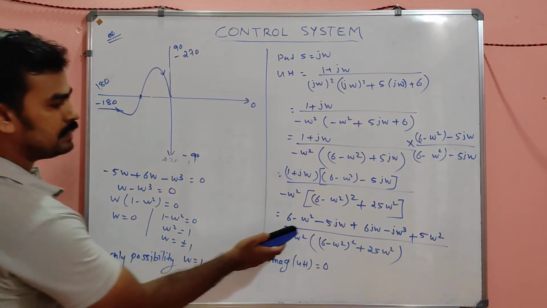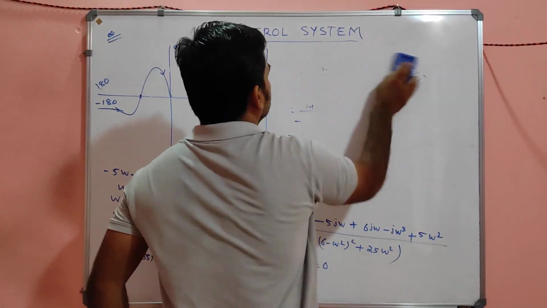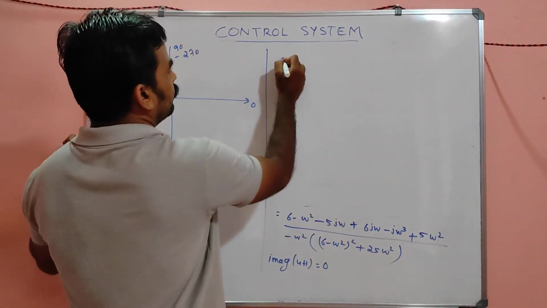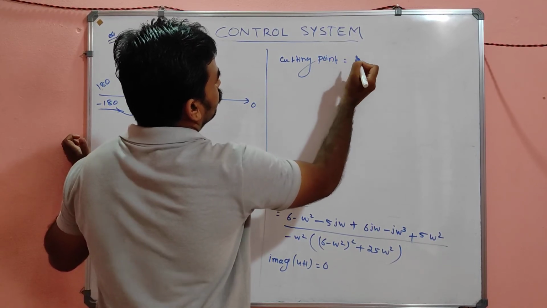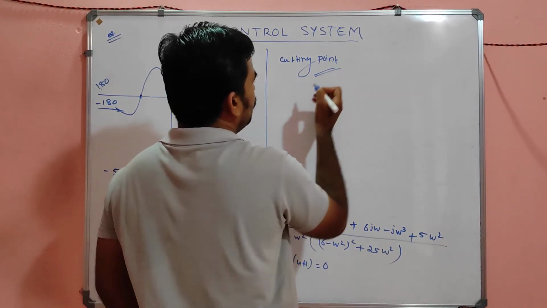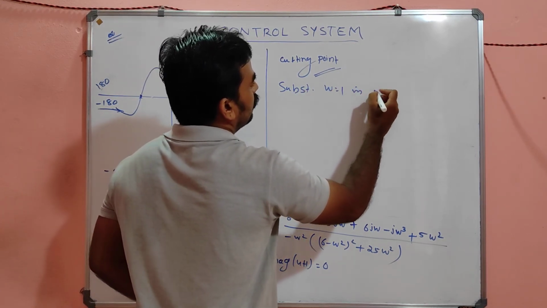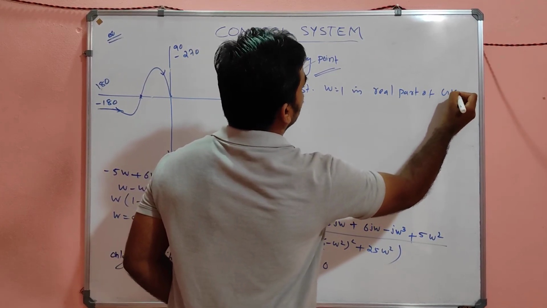So what is the real value then? Substitute omega equal to 1 in this equation. How can we find the cutting point? Substitute omega equal to 1 in the real part of GH.